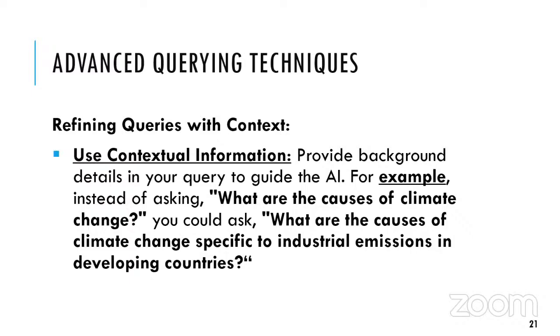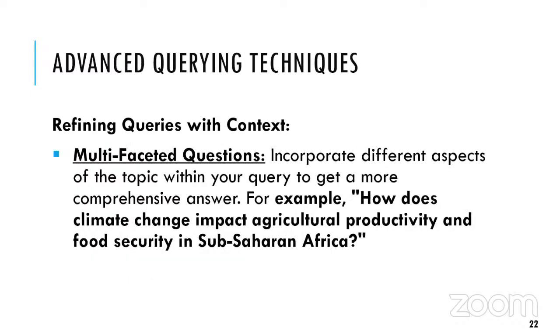You could ask, what are the causes of climate change specific to industrial emissions in developing countries? Which of them is more appropriate? You can see the context there. Specific to industrial emissions in developing countries is specific, but it's also contextual.